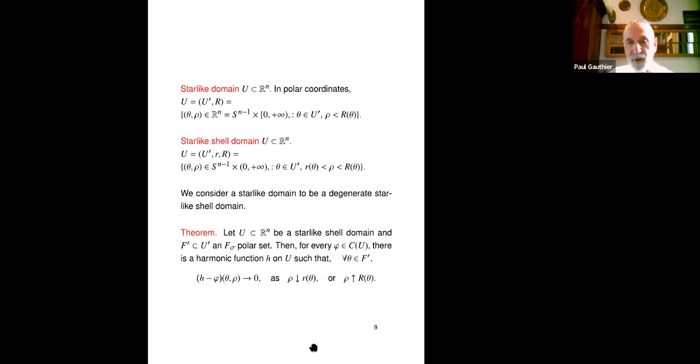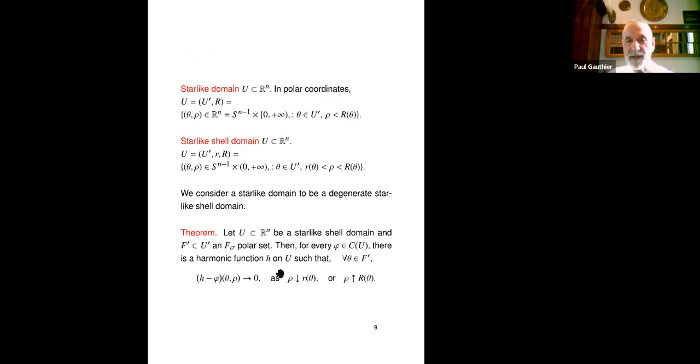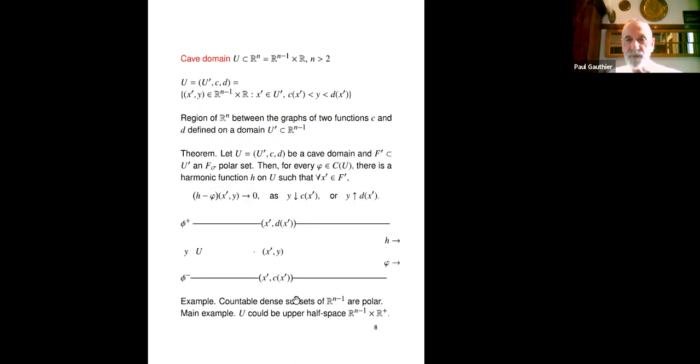So as an example, we can consider the upper half space. You take a countable dense subset of Rn minus 1, which is polar, and take U to be the upper half space, Rn minus 1 cross R plus.